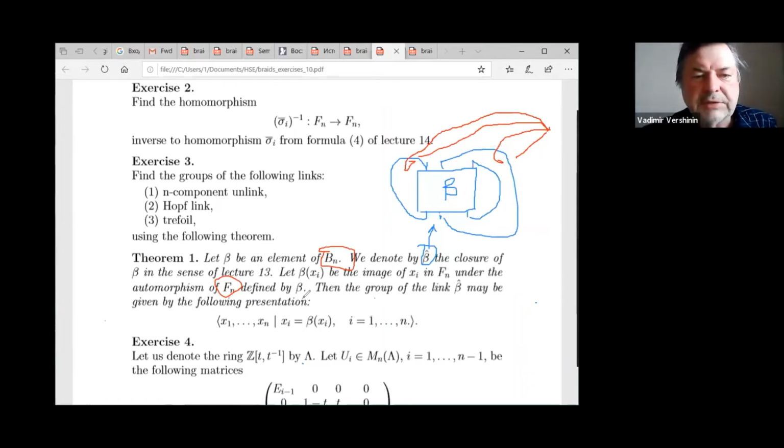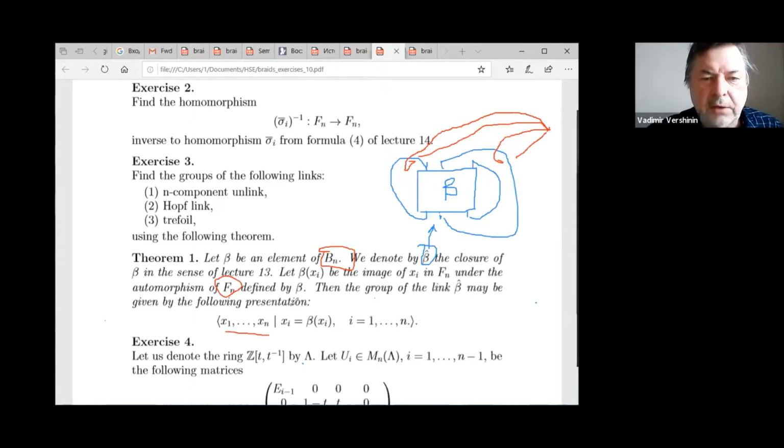Now let us consider the following group. You write the presentation of this group. You write down n letters, the same number as in F_n.